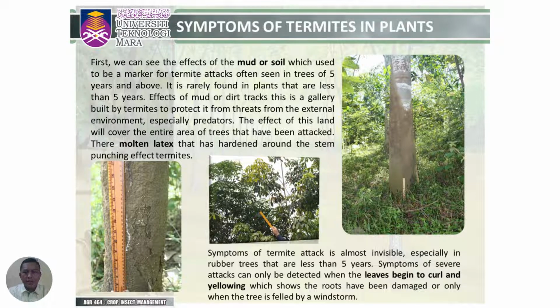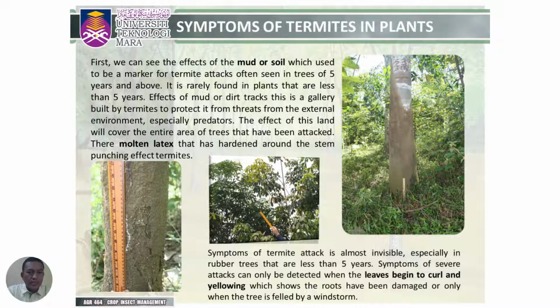Symptoms of termite attack. Next, let's check the symptoms of termite attack in plants, which most frequently occur in mature trees. First, we can see the mud or soil, which is used as a marker for termite attack, often seen in trees of 5 years and above. It is rarely found in plants that are less than 5 years.